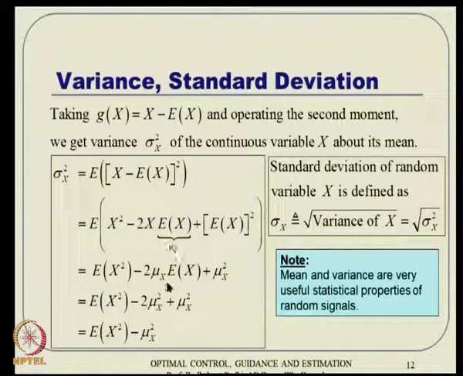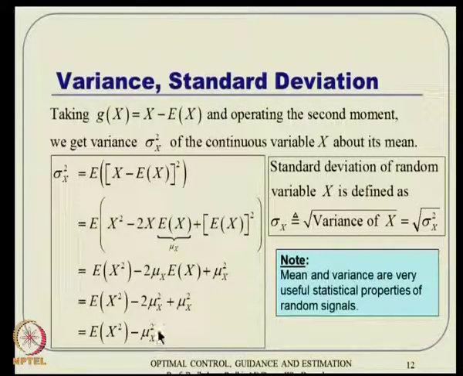So 2 mu x will come out, then the expected value of x will come here, then it is nothing but mu x squared. But what is the expected value of x? Again it is nothing but mu x. So this turns out to be 2 mu x squared and this is plus mu x squared. So it ultimately turns out to be minus mu x squared. So sigma x squared in general is the expected value of x squared minus mu x whole squared.